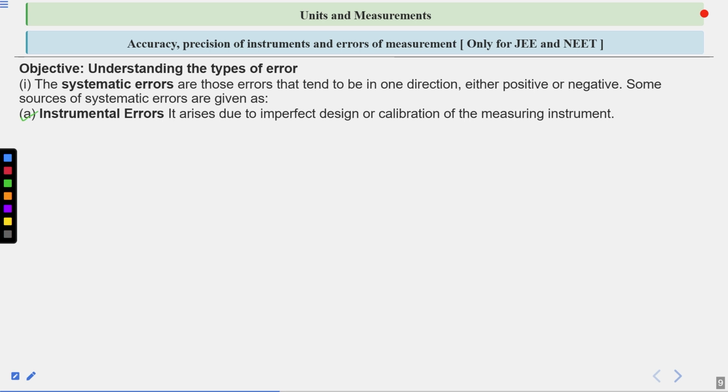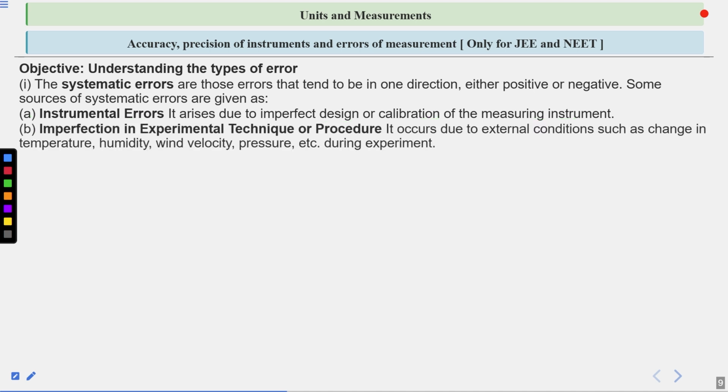Some sources of systematic errors are as follows. First is instrumental errors. Instrumental errors arise due to imperfect design or calibration of the measuring instrument. Second is imperfection in experimental technique or procedure.